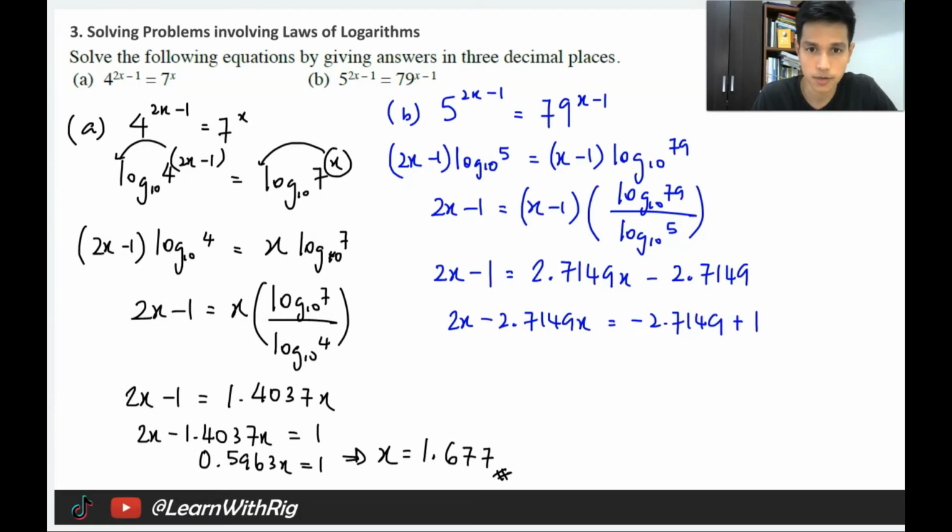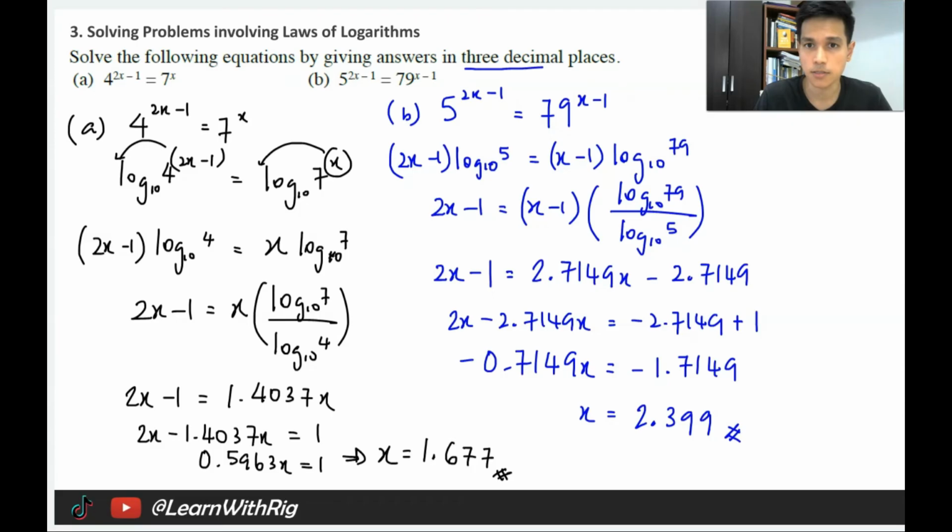Here you should get negative 0.7149x equals negative 2 plus 1, you get negative 1.7149. So x is equal to 2.399. Why did I put 3 decimal places? Because they have mentioned here they only want 3 decimal places. So this is your answer.